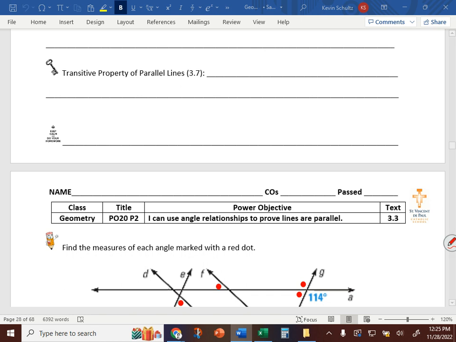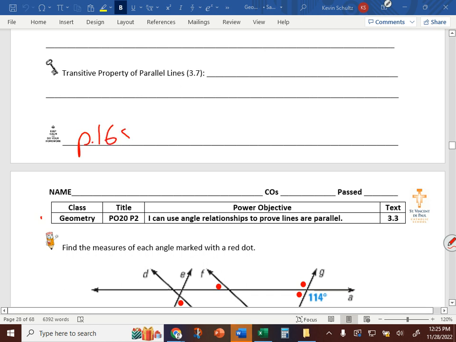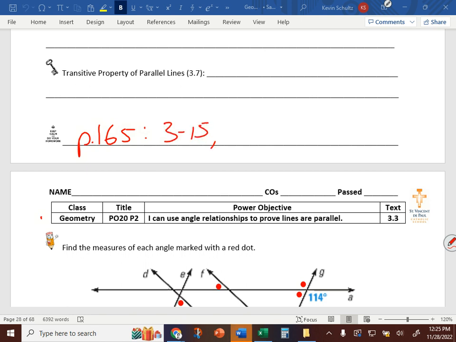Your homework is going to be page 165, 3 through 15. And because you tried to lie to me, 19 through 21.